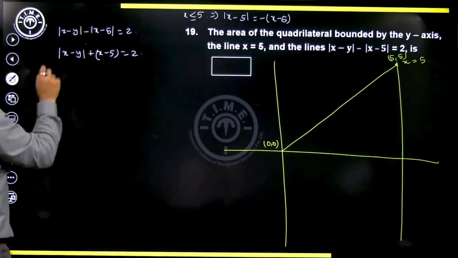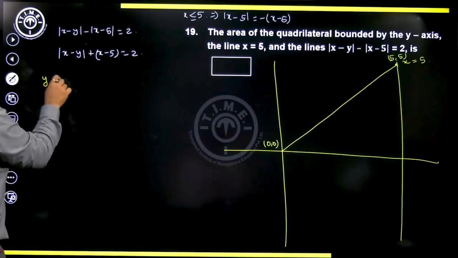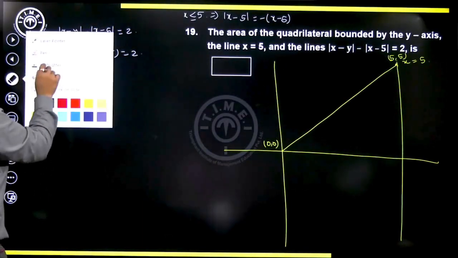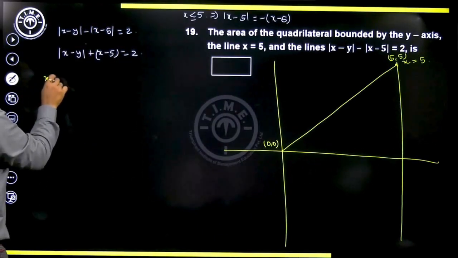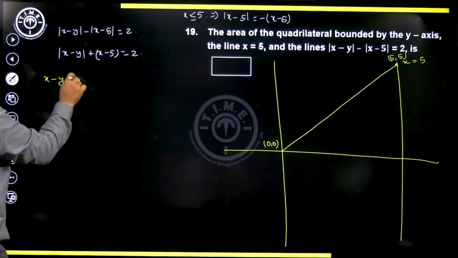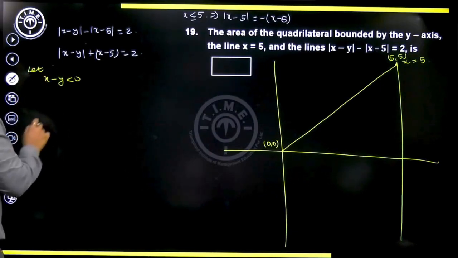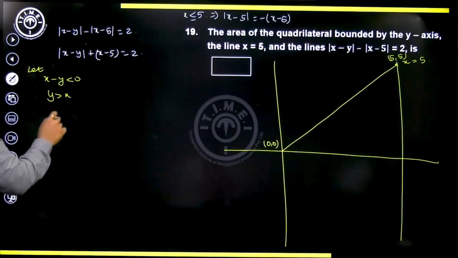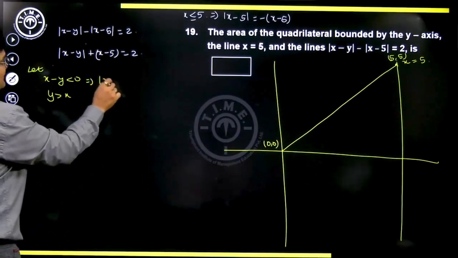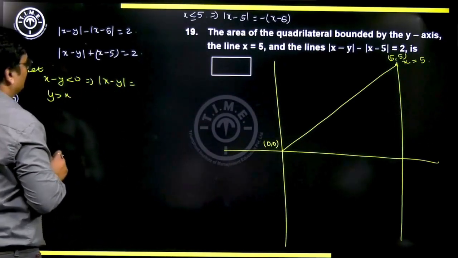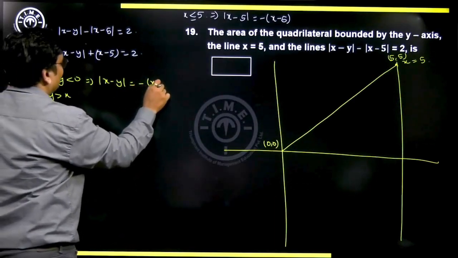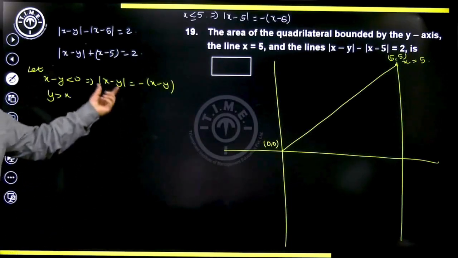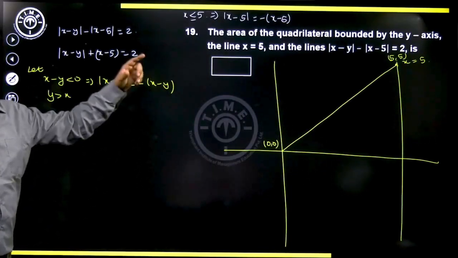So suppose, or rather let me write it this way, x minus 5 is less than 0, let. So that means y is greater than x, right? Now in that case, mod of x minus 5 will become minus of x minus 5, because it's a negative number, mod will become minus. So the mod of x minus 5 will become minus of x minus 5.